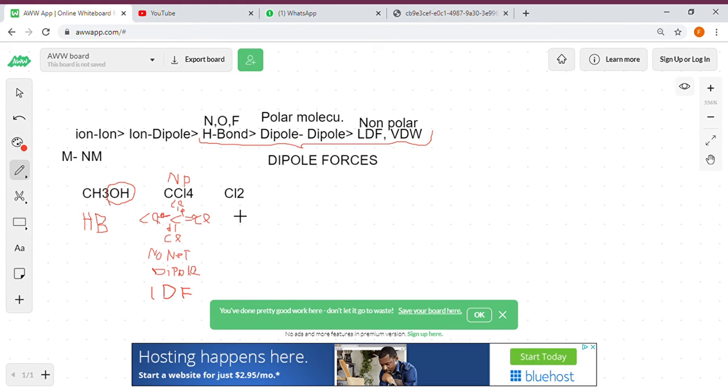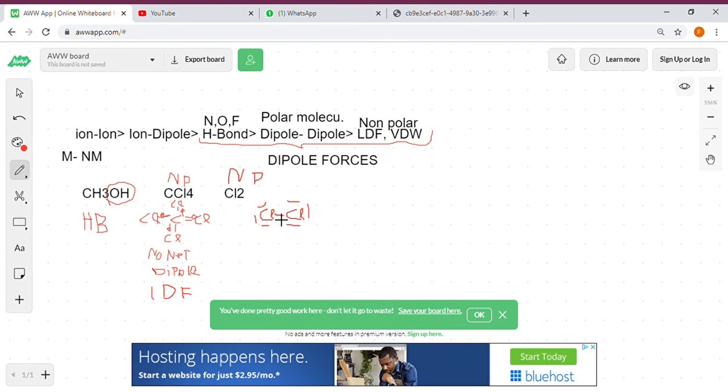For Cl2, whenever you have a molecule which is made of the same atoms, it's going to be non-polar. Okay. If you do the Lewis structure for this one, it's gonna be like this, 7 around Cl, and Cl. Both of them are pulling apart.